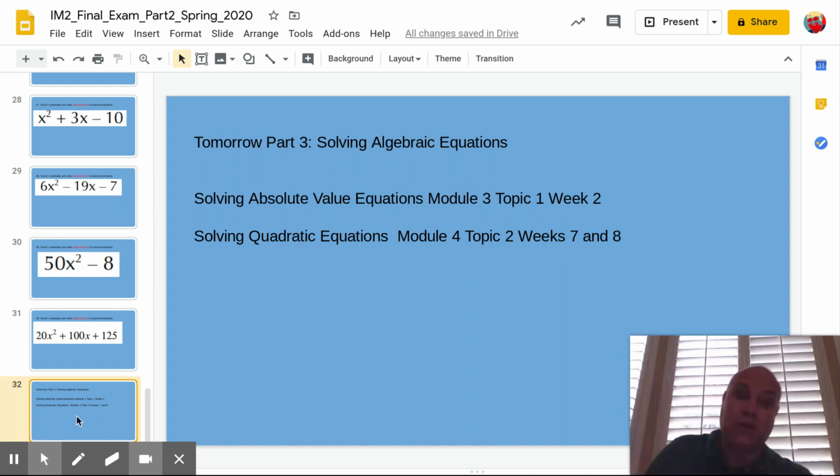I want you to be able to solve them by the square root method, by factoring with the zero product property, and by the quadratic formula. Those are the 3 key ways I want you to be able to solve the equations, and I'm going to ask that you solve by that way.